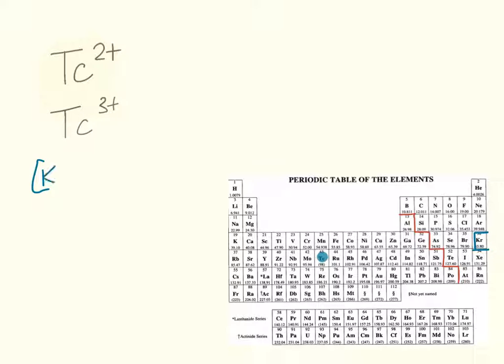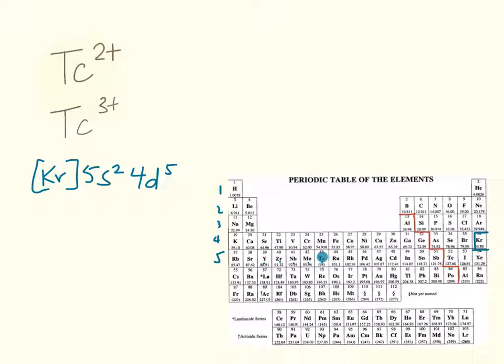So I'm going to put krypton in brackets, and then from there I'm going to start at, let's see, this is 1, 2, 3, 4, at 5s2, and then I have 4d, 1, 2, 3, 4, 5. Okay. All right, so if we wanted to do technetium 2+, where would it lose its electrons from?